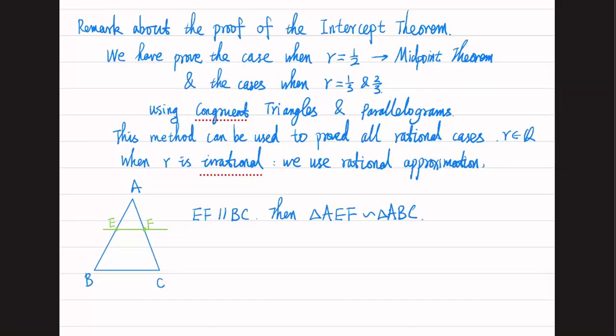Okay, let's see how we convince ourselves, how do we explain this? Why must the two triangles be similar? What theorem do we have? Keep in mind, we haven't established any of the similarity results yet.